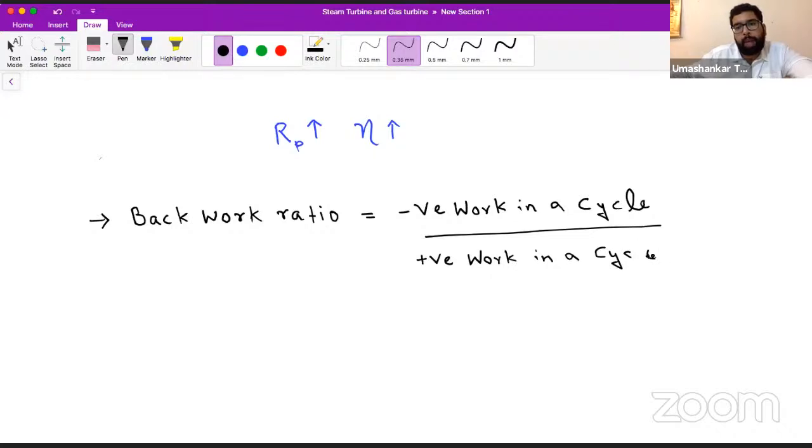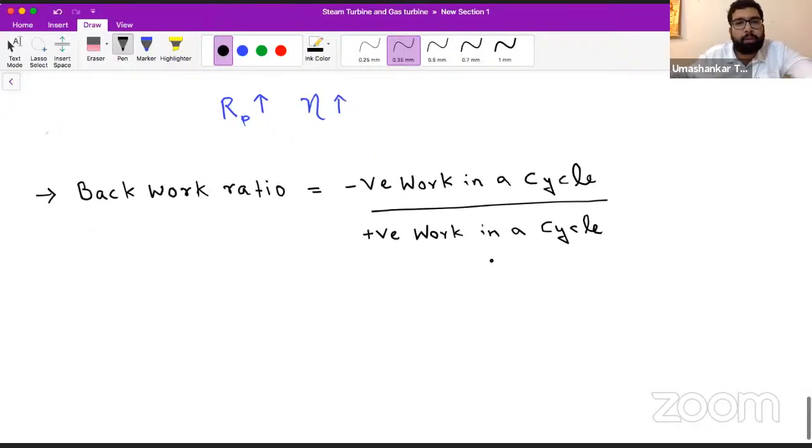So our back work ratio is negative work in the cycle upon the positive work in the cycle. In a cycle, you have to identify the negative work.